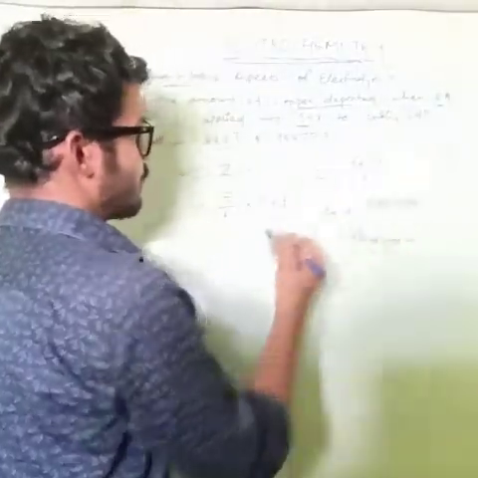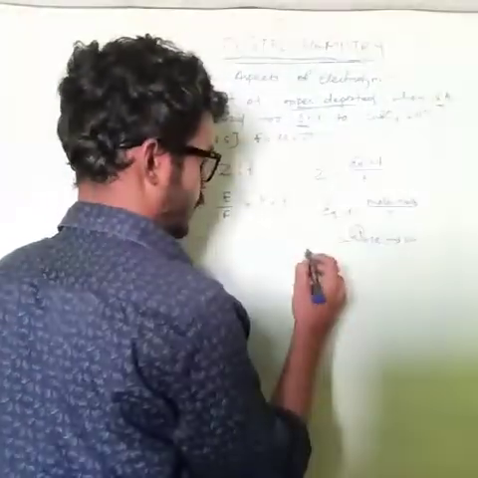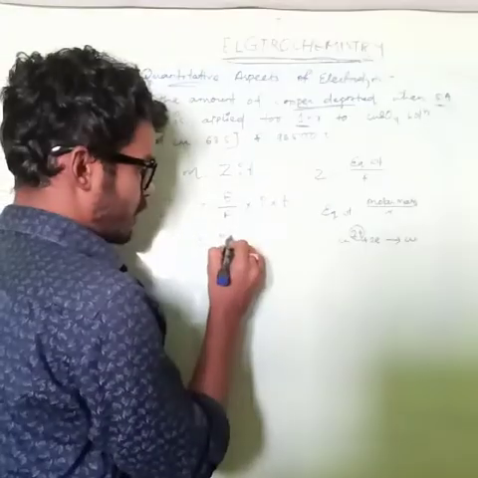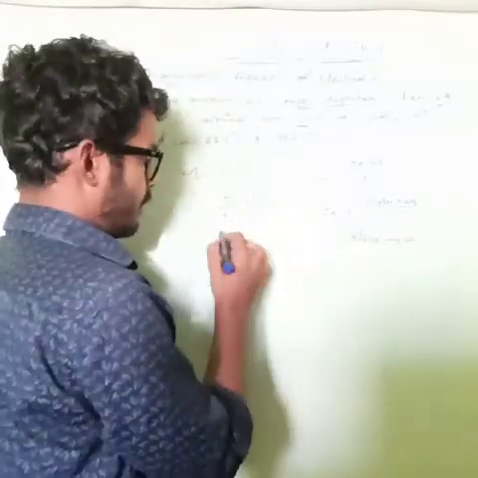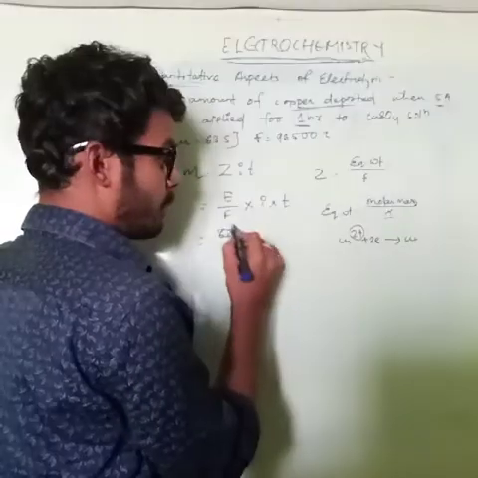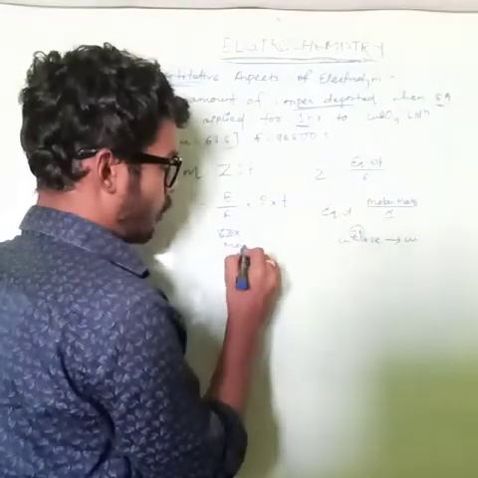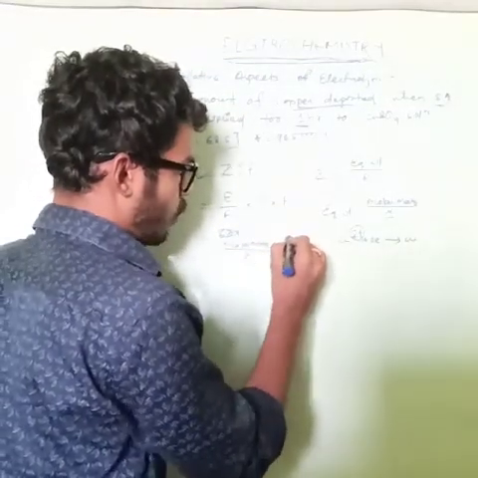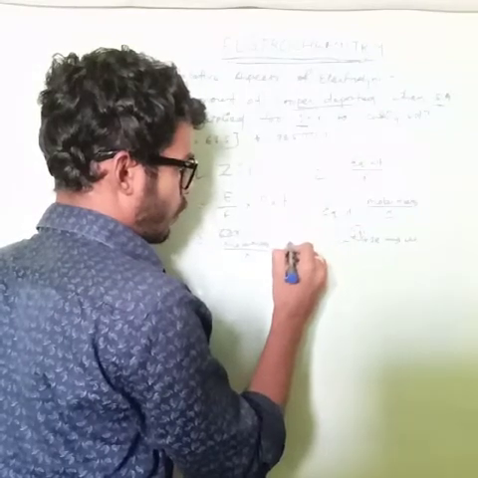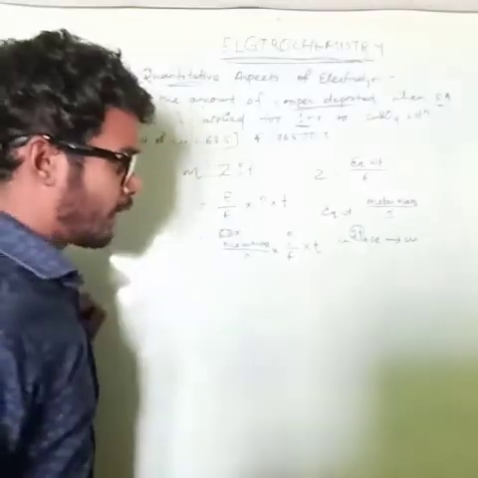The molar mass is given as 63.5. So in place of E you can write molar mass by X into I by F into T. Can I write like this?